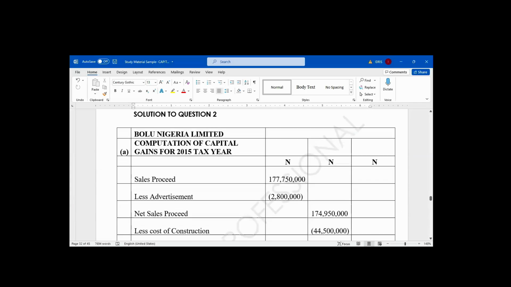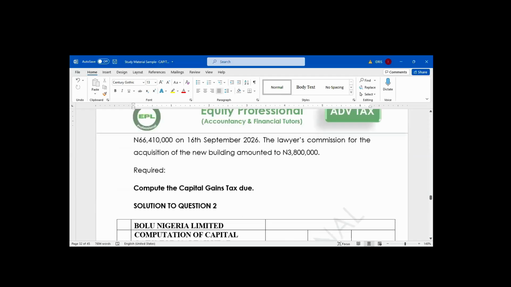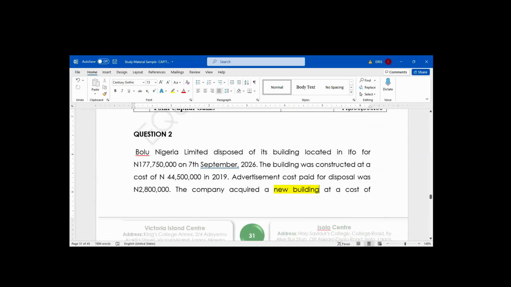For us to solve the question now, sales proceed of the old asset, 177,750,000. When the old asset was sold, they incurred selling costs. What is the selling cost that was incurred? Advertisement. Advertisement cost was paid for disposal.